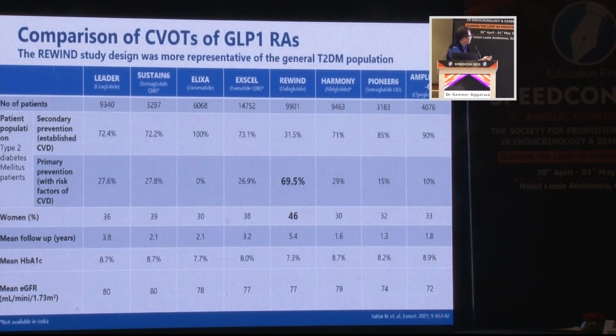So if we compare CV outcome trials of available GLP-1 receptor agonists, REWIND was the one which helped in establishing the confidence with this molecule with regards to MACE outcomes, or major adverse cardiovascular events.